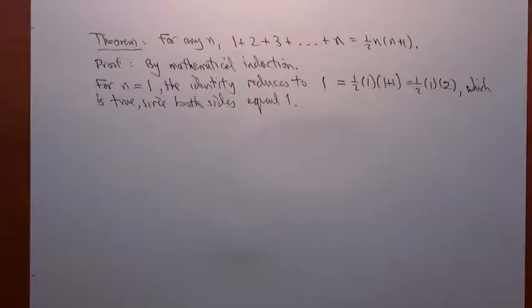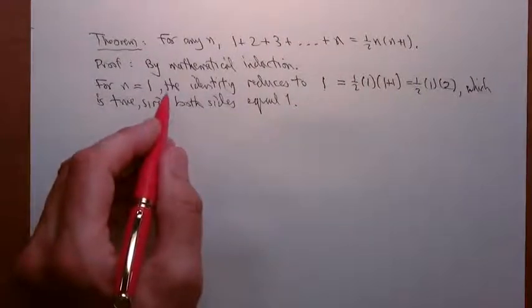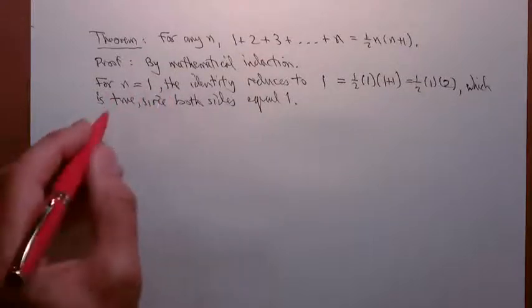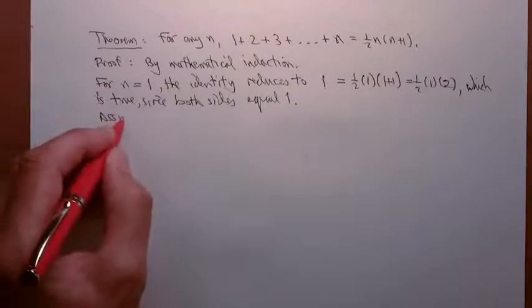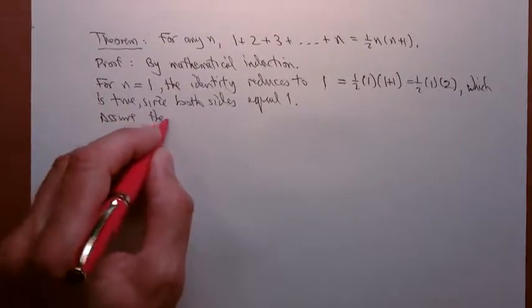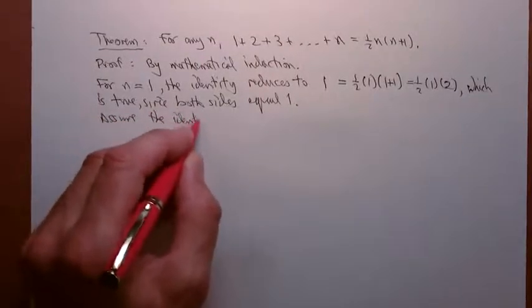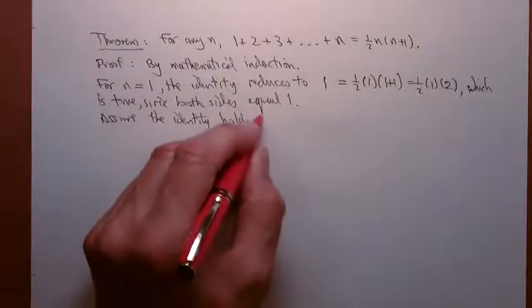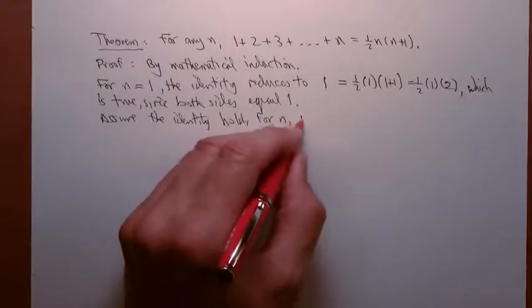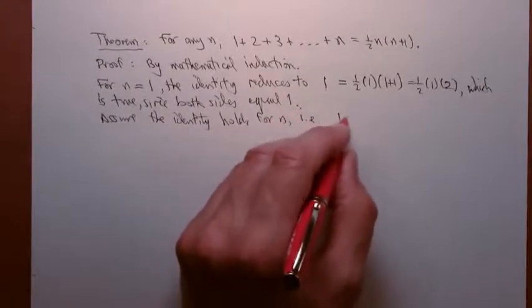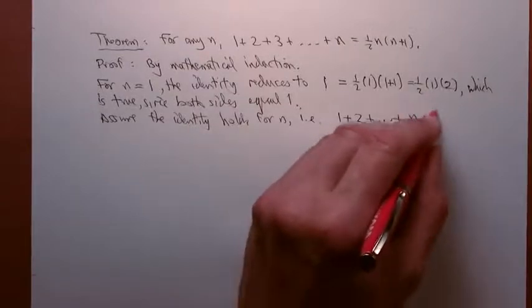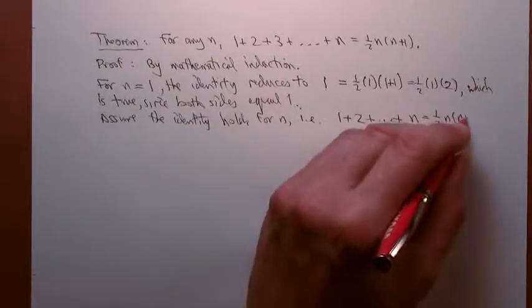Okay, let's move ahead. We've proved that the result is true at n equals 1. The next step is the induction step. So I'm going to assume the identity holds for n, i.e. I'm going to assume 1 plus 2 plus ... plus n equals a half n times n plus 1.